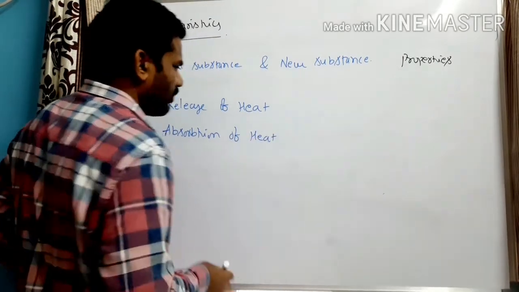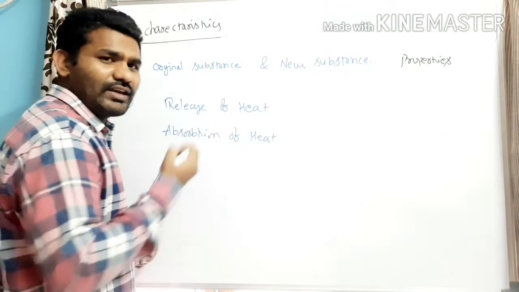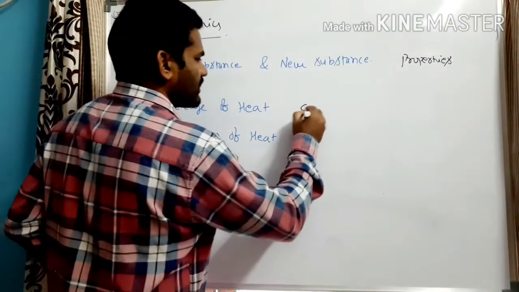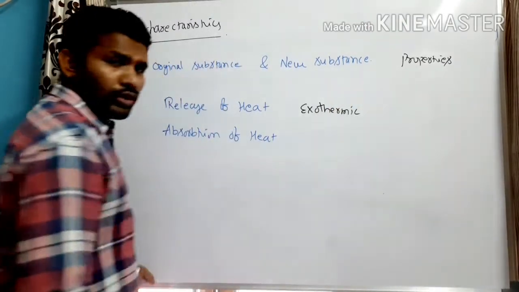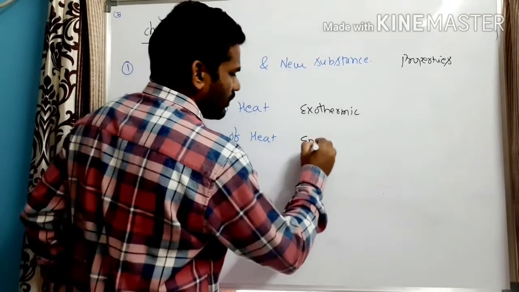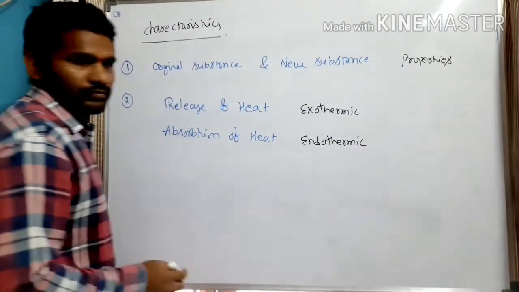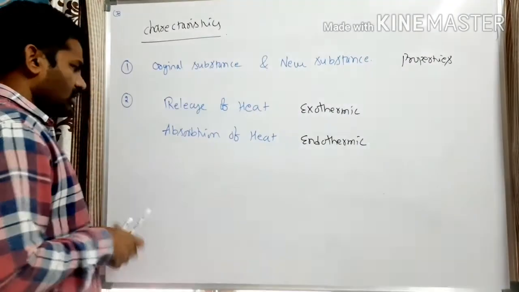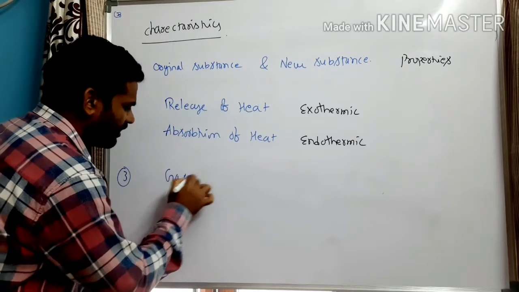As we have already known, those reactions in which there is a release of heat are called exothermic reactions. Those reactions in which heat is absorbed are called endothermic reactions. In a chemical change, gas may be evolved.